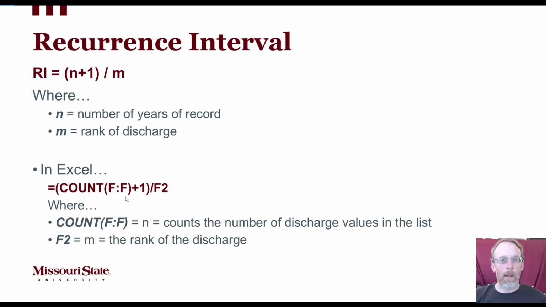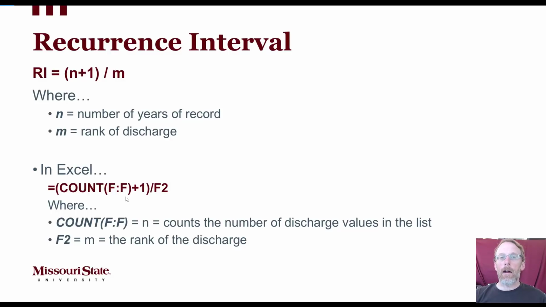The other reason for this is sometimes data sets are missing years. For whatever reason, data wasn't collected for a specific year. I was working with a data set recently, and I noticed that in the World War II period, they didn't collect any data. Maybe they didn't have the budget or the people to go out and do the data collection, but for whatever reason.